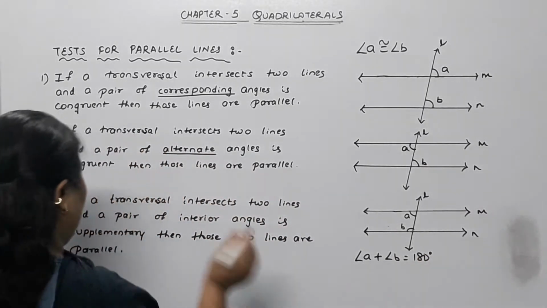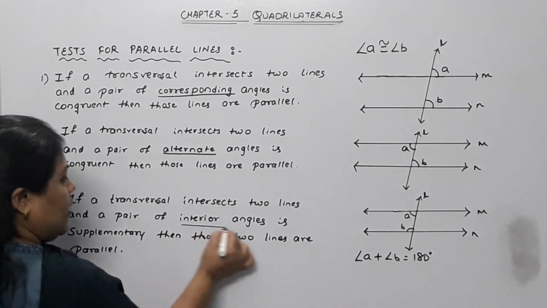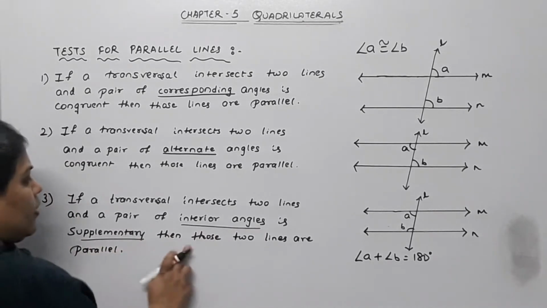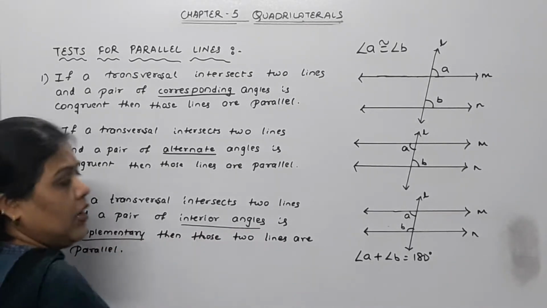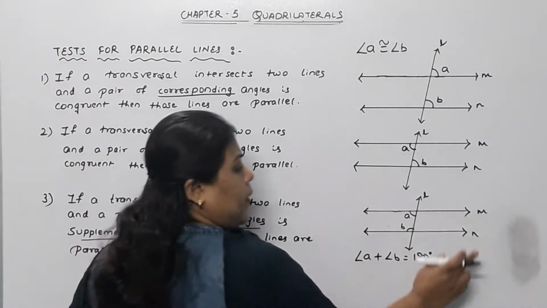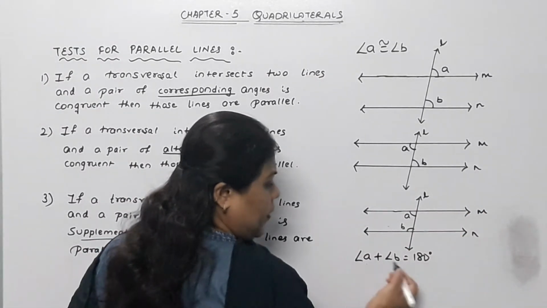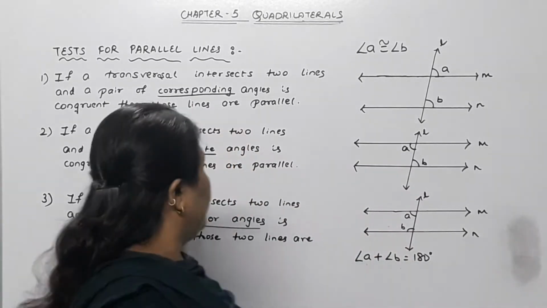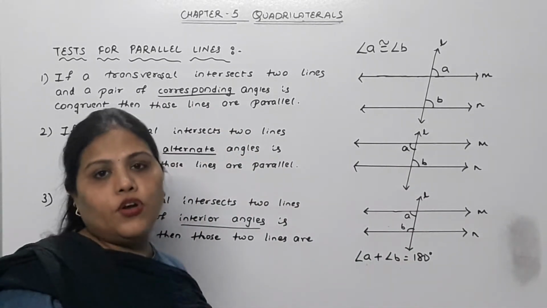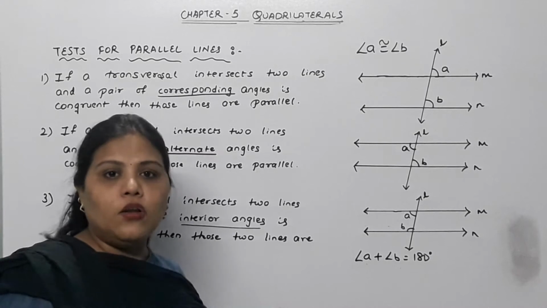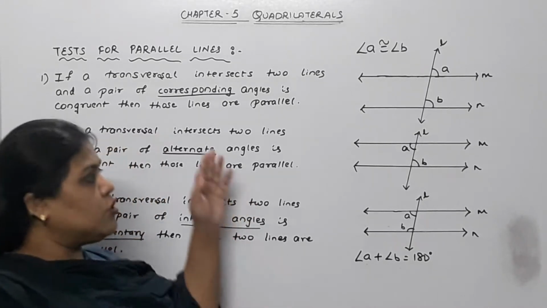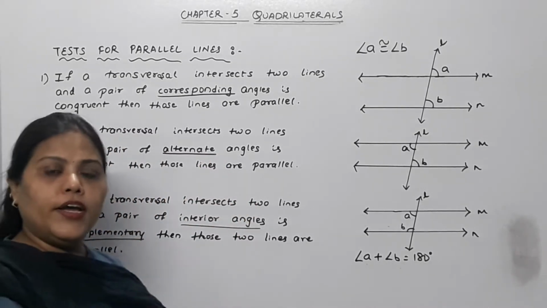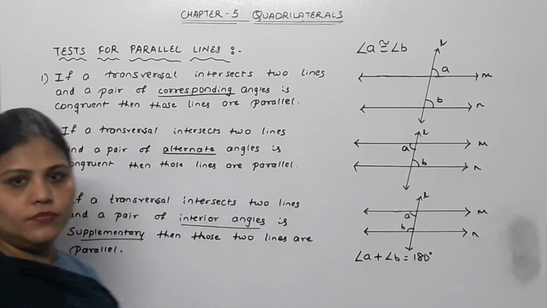If it is so, the pair of interior angles is supplementary, then those two lines are parallel. Line M parallel to line N if A plus B is 180 degrees. Okay. So with the help of these three statements, we will see how we are going to prove a quadrilateral is a parallelogram. Please note down and then we'll move ahead towards our theorem.